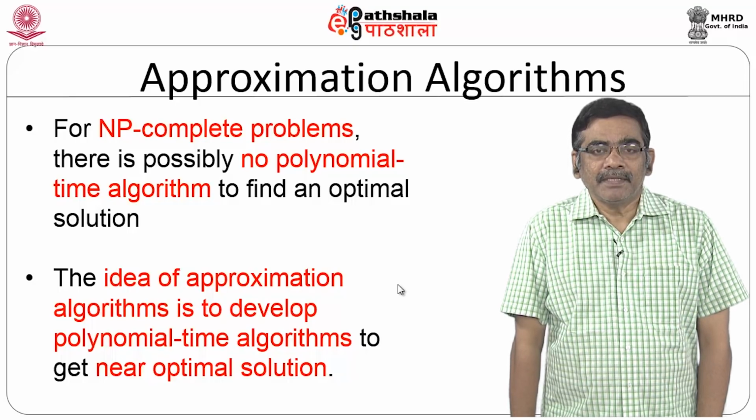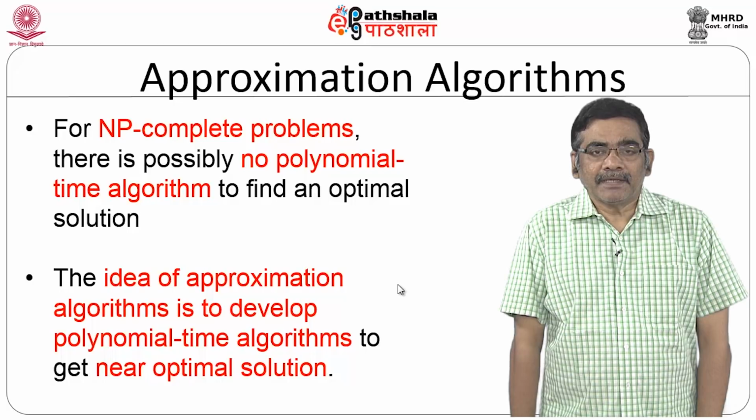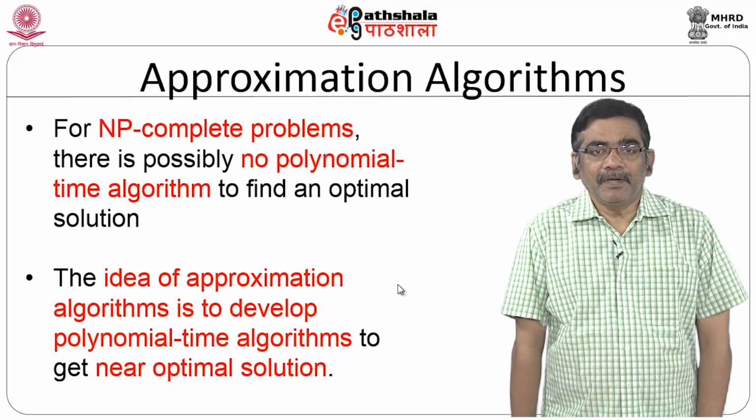In other words, these algorithms are exponential in nature, and as the input size increases, the amount of resources becomes larger and larger. In that context, the solution of an NP complete problem becomes very difficult. We had already discussed that these problems do not have any polynomial time solutions.